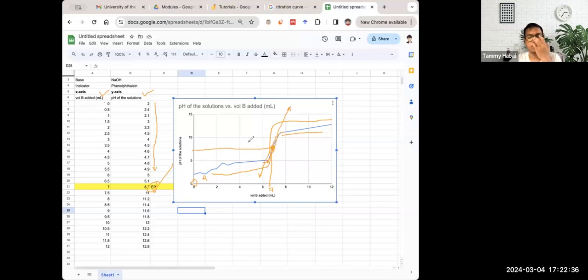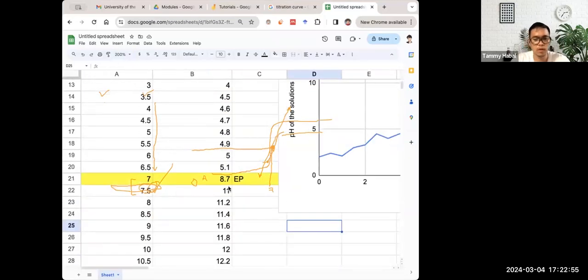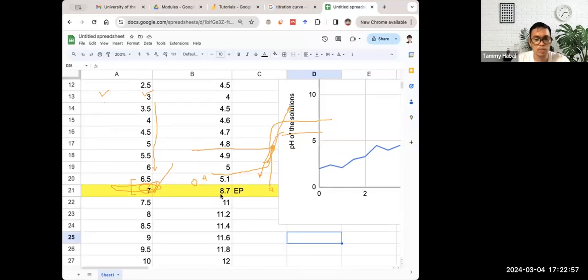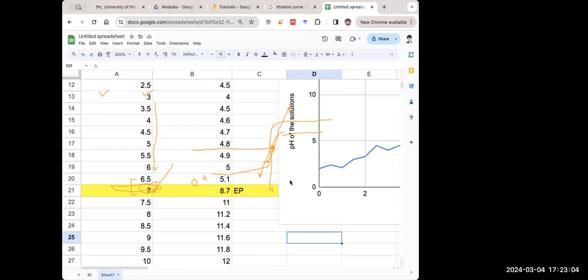Pero since you're not a biochemist, by inspection, the equivalence point is the pH where there's a huge difference between two pH. What do I mean? Tignan mo dito. From pH 5, it jumped to pH 8.7. From 8.7, it jumped to 11. So as you can see, it's the center.